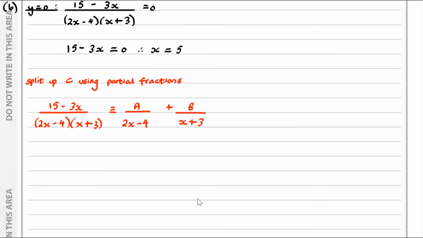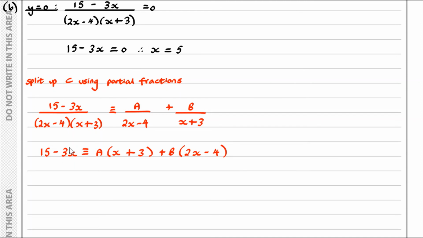And if we multiply through by 2x minus 4 lots of x plus 3, we would have 15 minus 3x being equivalent to a lots of x plus 3 plus b lots of 2x minus 4. And the idea is over here to find the values of a and b. There's a couple of ways we can do it.